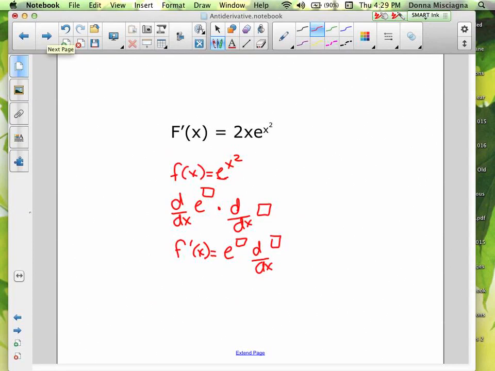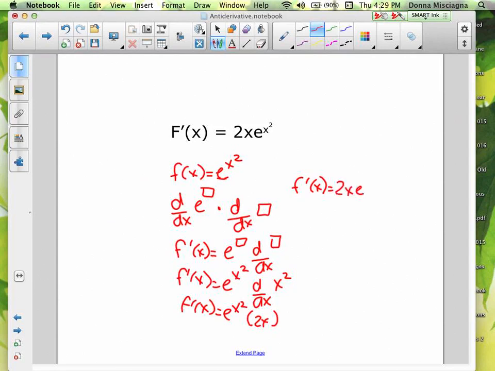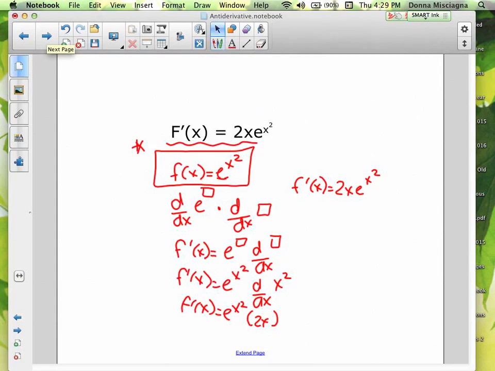And our blop is x squared. So our derivative is going to be e to the x squared times the derivative of x squared. And the derivative of x squared is 2x, which gives us 2x e to the x squared. So if you said this was the function that has this as its derivative, you are correct.